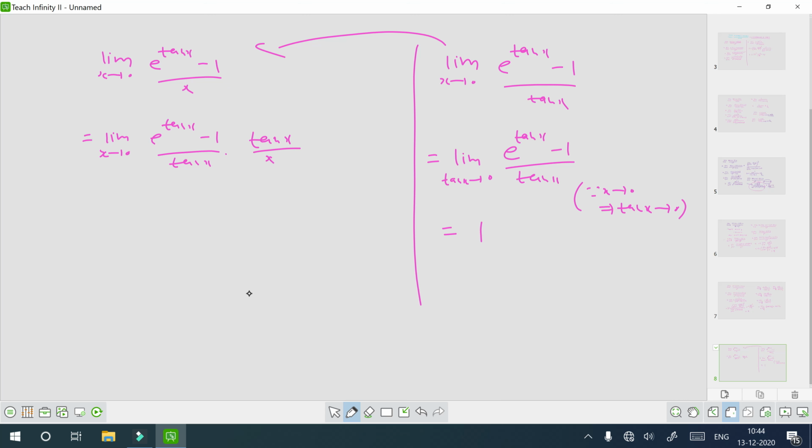Now separate the limit into two terms: limit of (e raised to 10x minus 1) over 10x, where 10x tends to 0, and likewise limit x tends to 0 of 10x over x. Both are 1, 1 into 1. So the answer comes out 1.